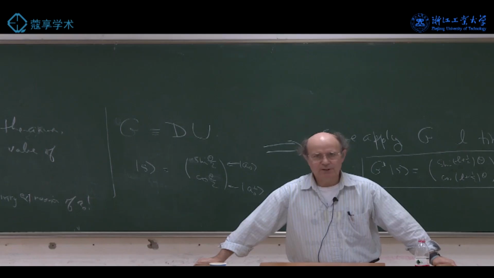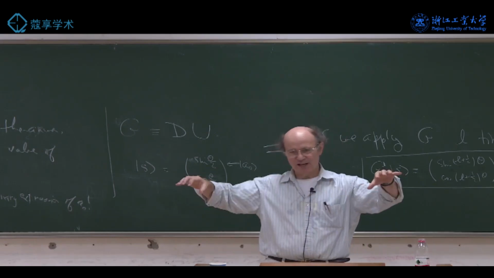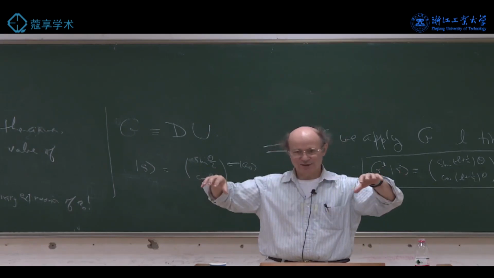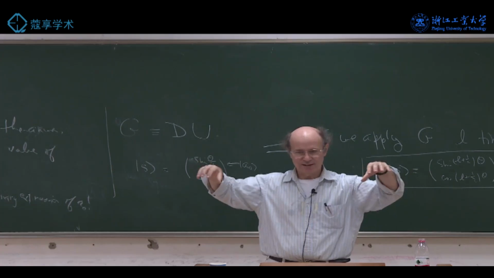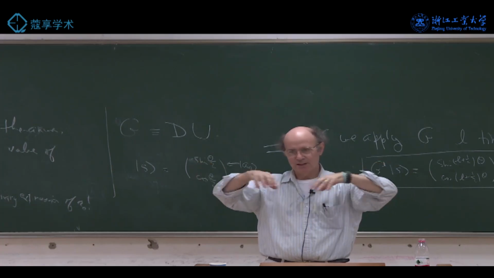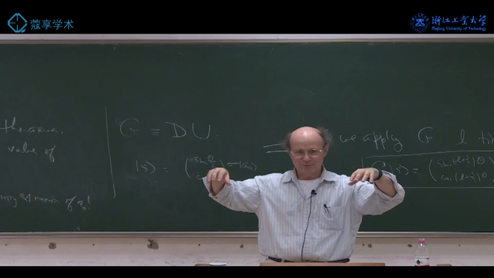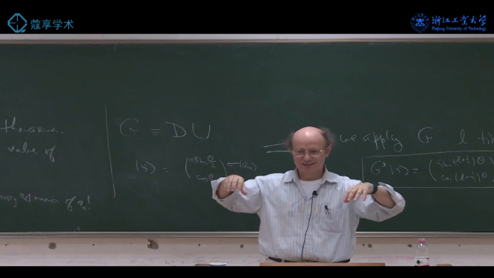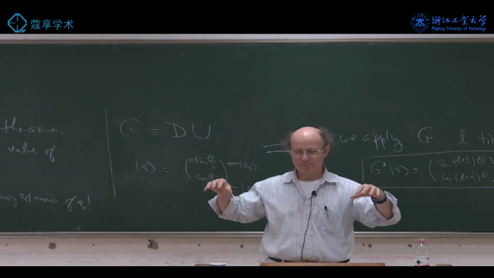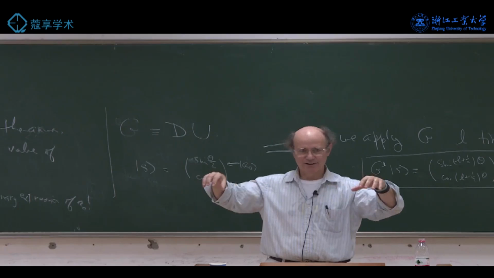Well, it's not so different, really. The quantum computer acts with some number of gates at each time interval. Typically, the number of gates is of order the number of qubits. Not all of them might be active, but that's how many you have.